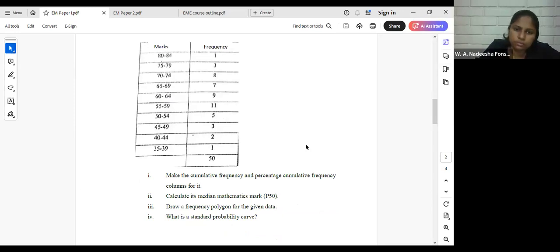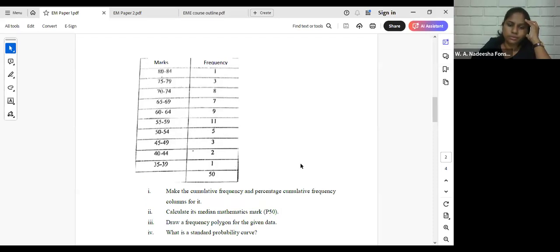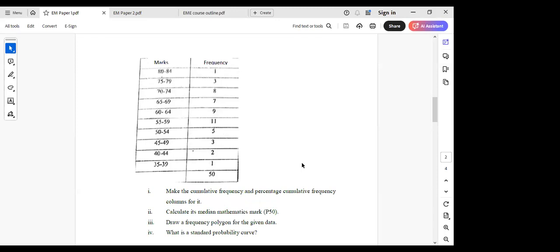Then calculate its median mathematics mark. How to calculate the median mathematics mark here? Mid value. Yes.